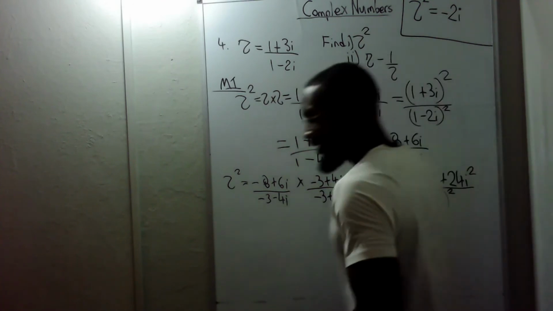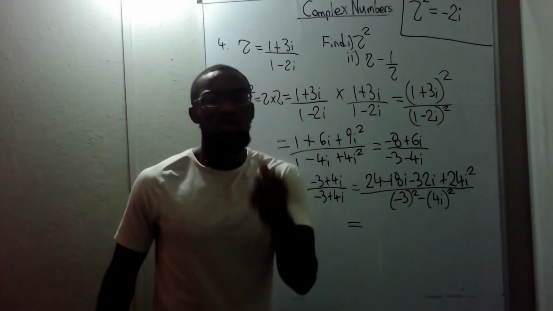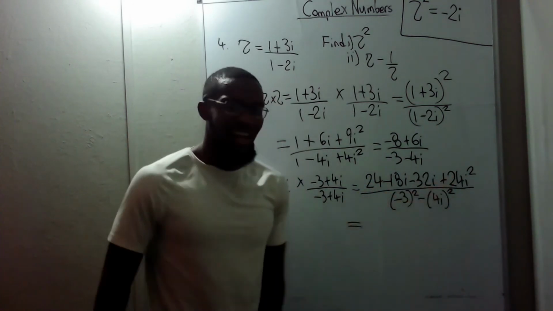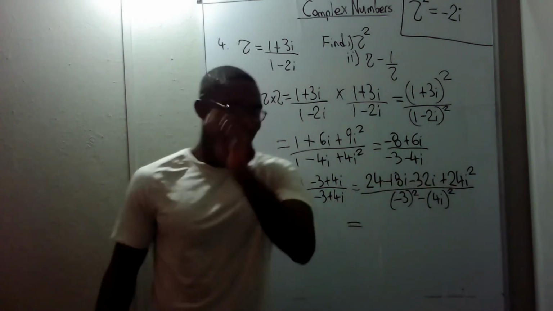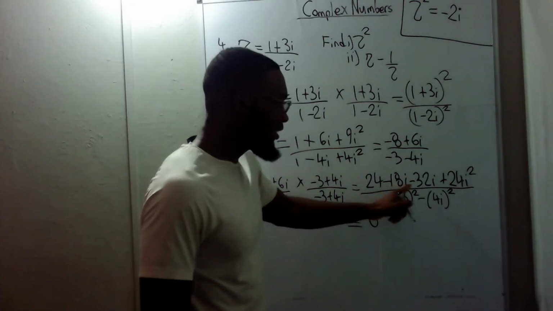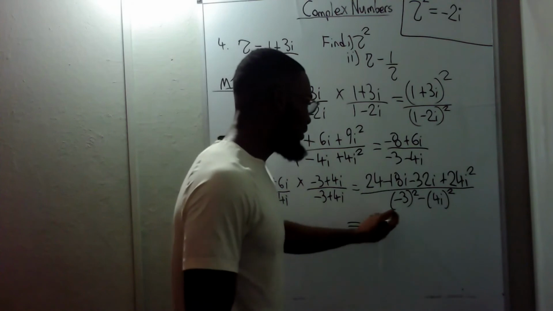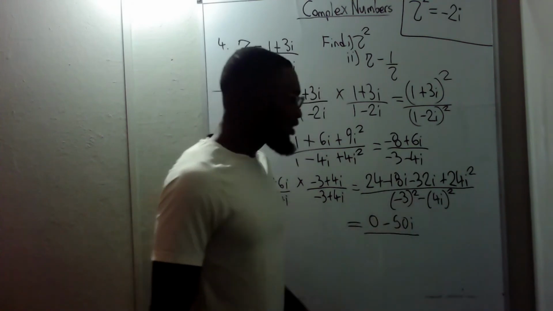Simplifying, what we're going to get is, look at that, 24 plus 24i squared. 24i squared is -24. 24 minus 24 is 0. So this becomes 0. Then minus 18 minus 32, that's minus 50i over -3 squared is 9.